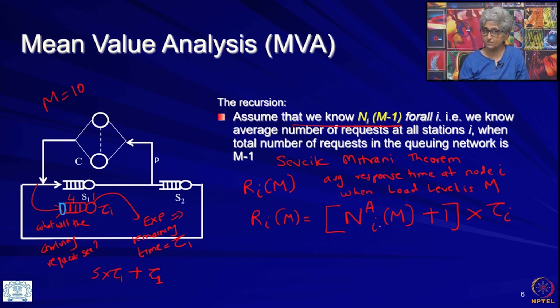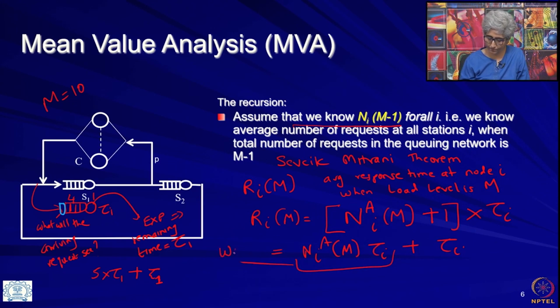Given that the remaining service time has the same mean as the overall service time, I have to just take all the customers in the system and multiply by tau_i to get its waiting time, and then add its own service time. So, what is this going to be? N_i^A(m) tau_i plus tau_i; this is going to be the waiting time and this is going to be the service.